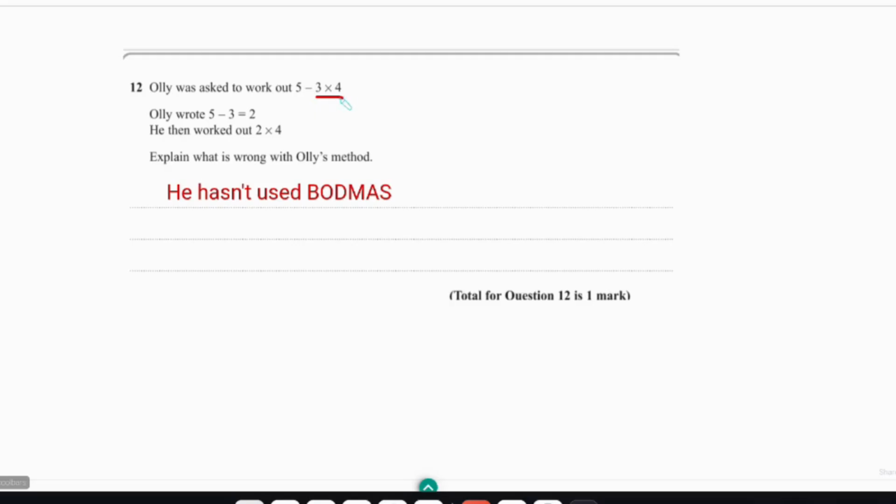Multiplication comes first. He should have done 3 times 4 first. Let me see what the mark scheme says. Should have multiplied first. You didn't use BODMAS. Either of those would be fine.